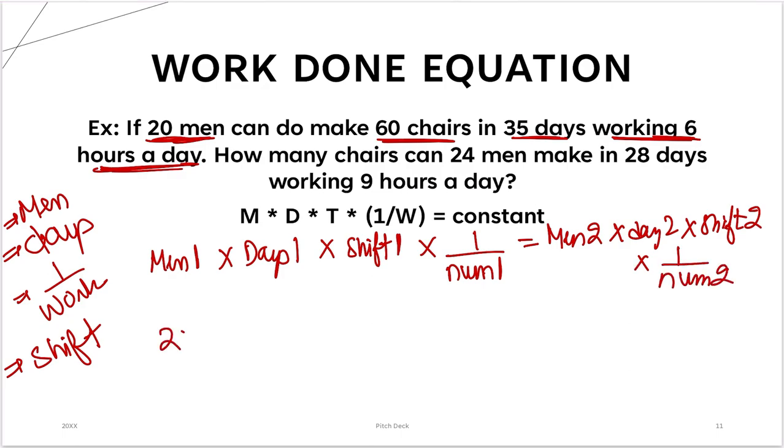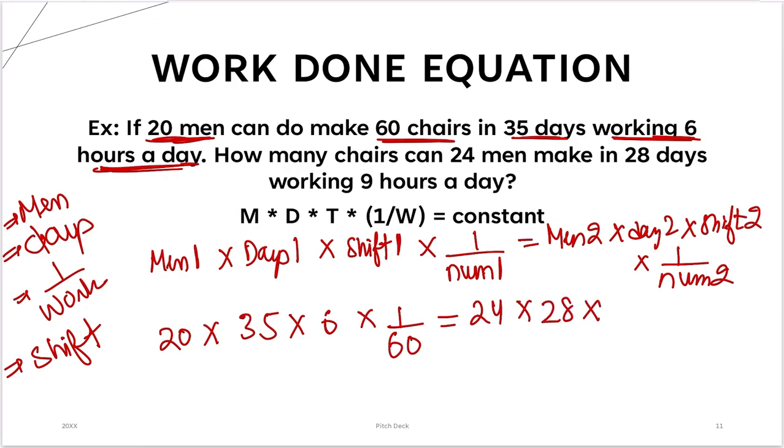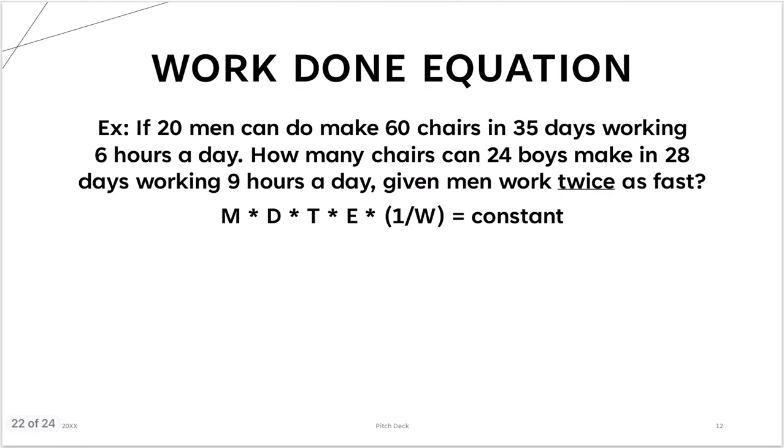So men 1 is 20 into days is 35, shift is how long? 6 hours, into total number of chairs 60. Men in the second case 24, days is 28, shift is how long? 9 hours, but how many chairs we can make is 1 by CH. Solve for CH, you will get the number of chairs they can make. I hope this is clear.